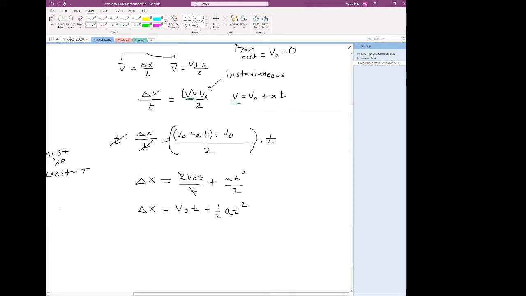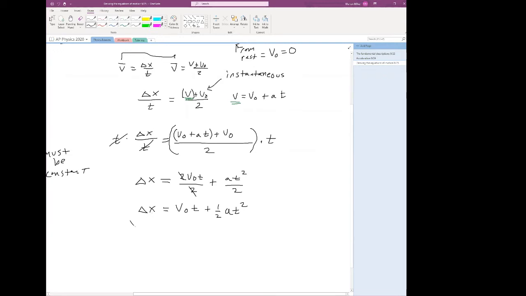Now, this is nice. It tells us our change in position, but the way we finalize it, so we can just locate where we are at a moment in time, is this. This deals with just the change in position. If I want to know the exact position where I end, we untangle this.